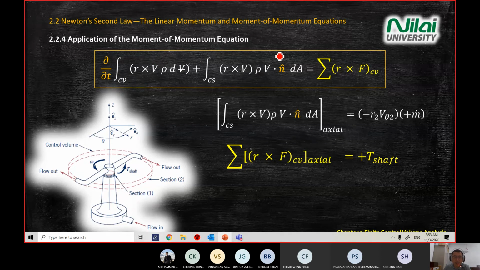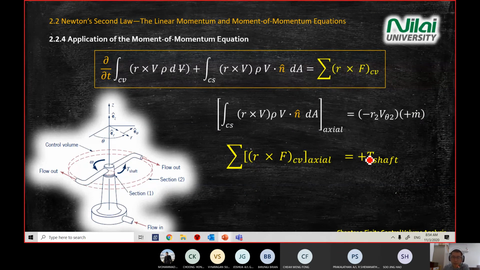And then we explain how we convert our second term according to the direction of our vector. This term will give us R times V times m dot. When our direction is opposite between U and V, then we get negative. When our flow, our m dot, flows out, we get positive. Right, m dot, we get positive.